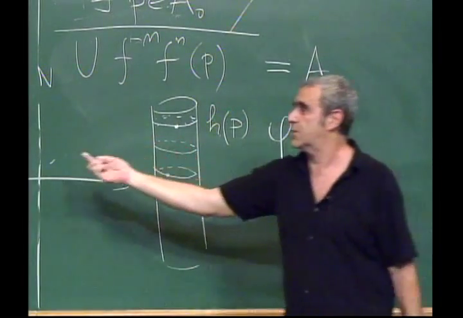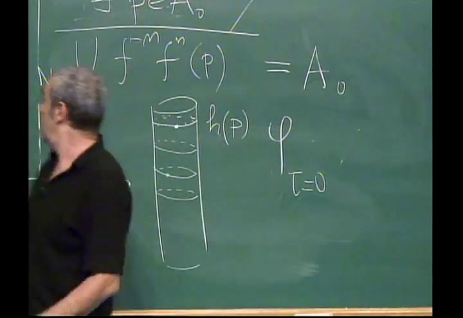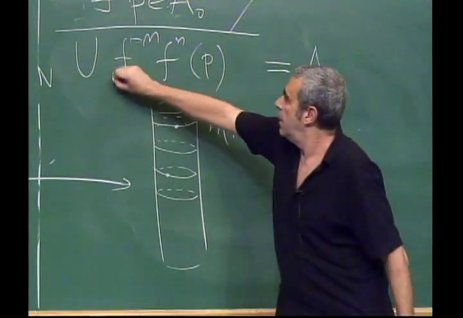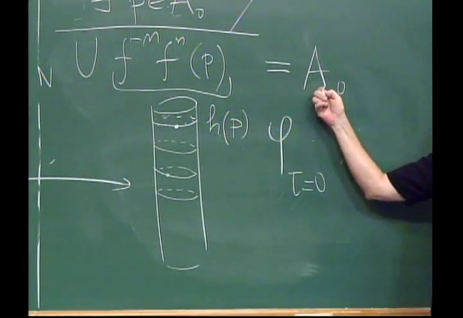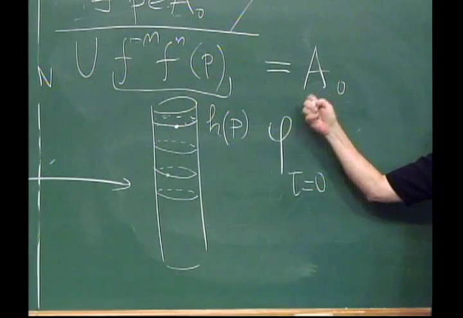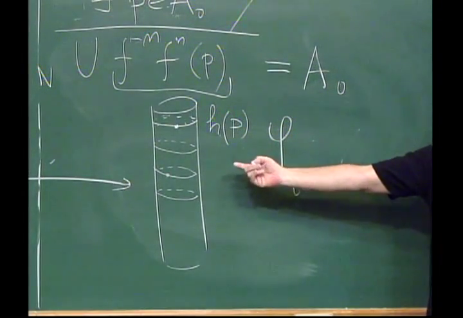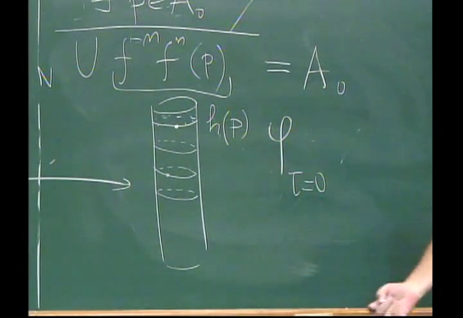But H has to send the points of this set to these points, so H must send an open domain to a single curve, so H will not be surjective, for example. So there is no semi-conjugacy.